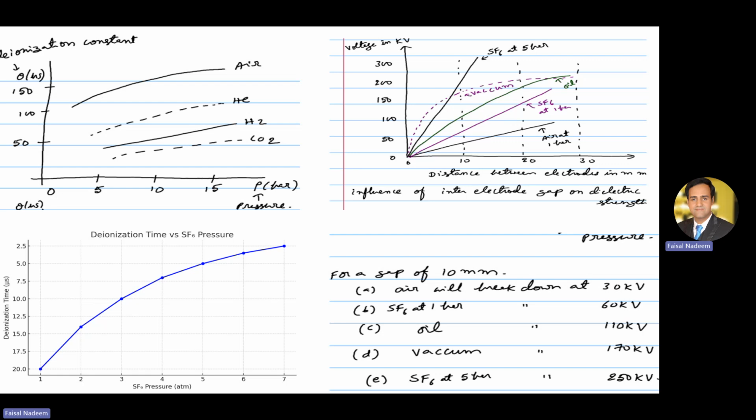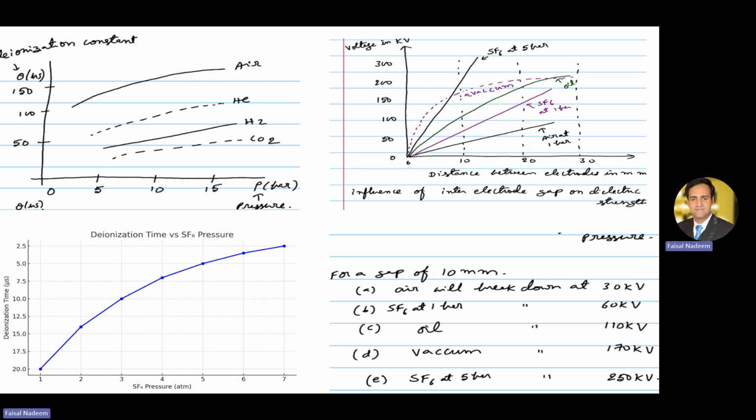However, we cannot increase the distance between the contacts beyond a certain level. Why can we not increase the distance between the circuit breaker contacts, I mean the fixed contact and the moving contact, more than a certain level? Because we have to reclose it again.